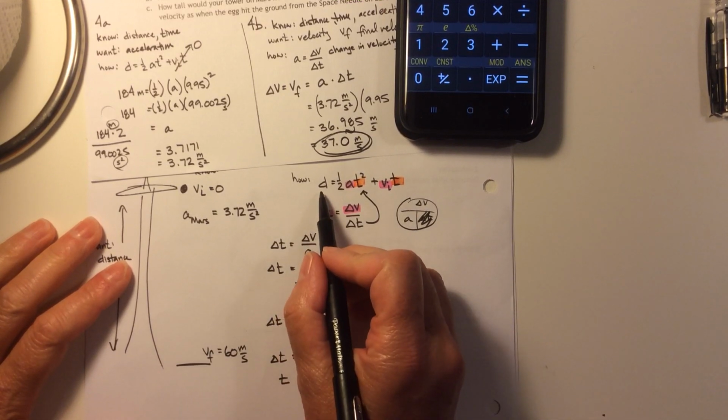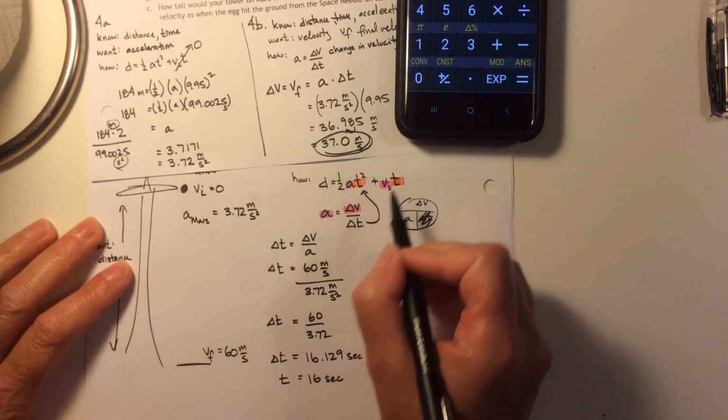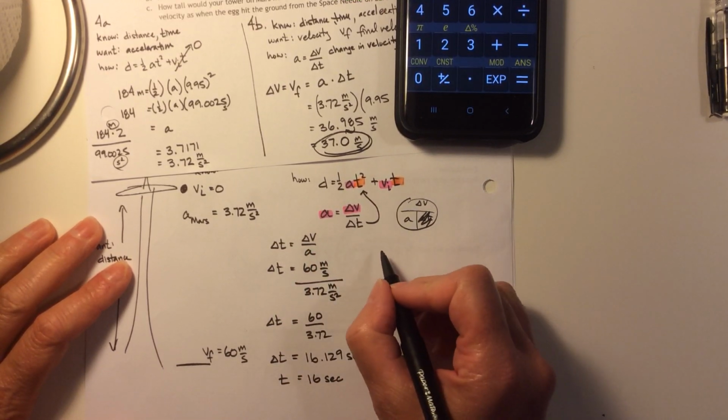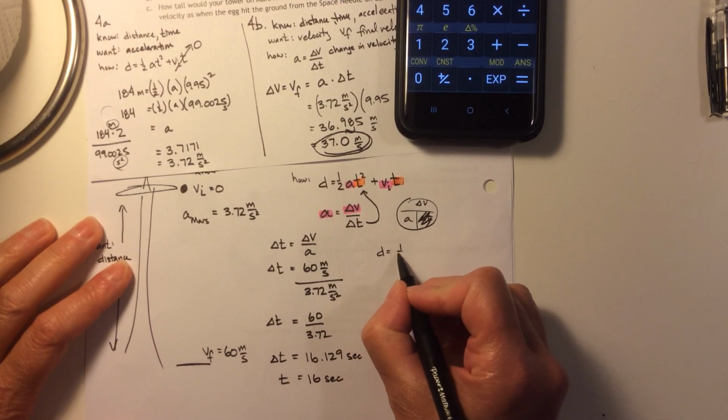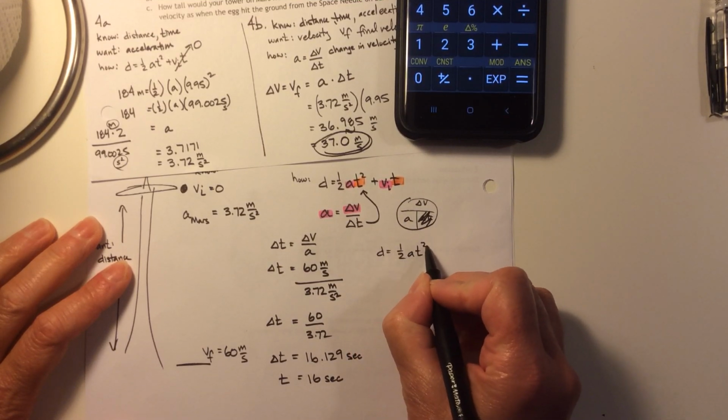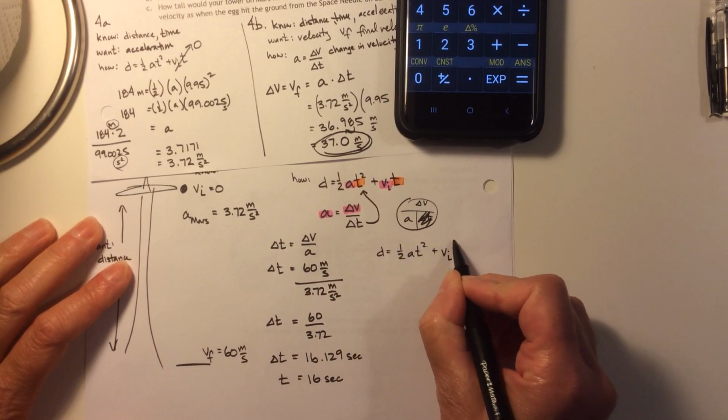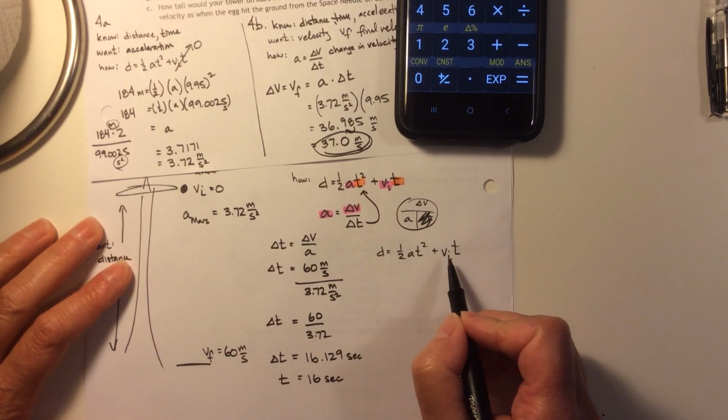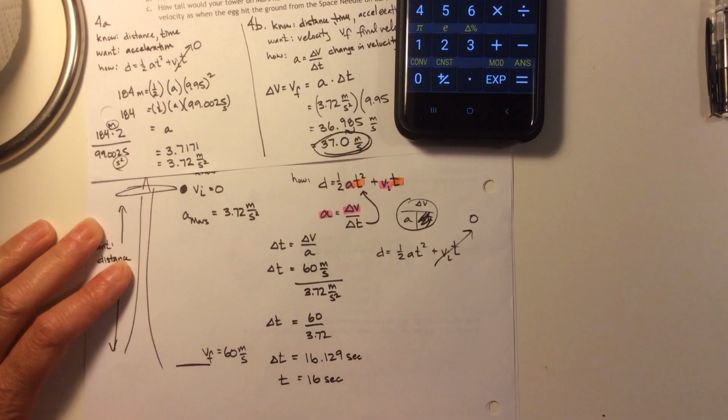All right. So now I'm ready to find D because now I know the elapsed time. So D equals 1/2 AT squared plus the initial velocity times time. Initial velocity, 0.